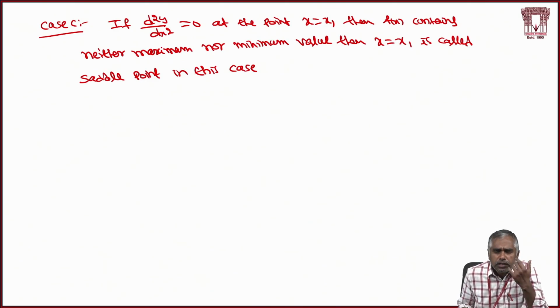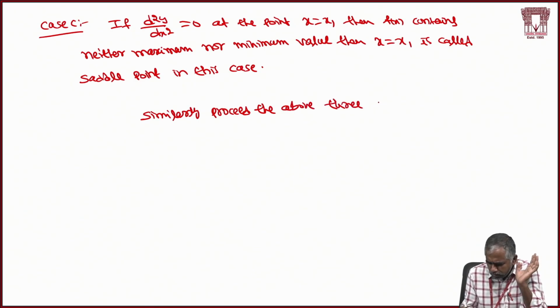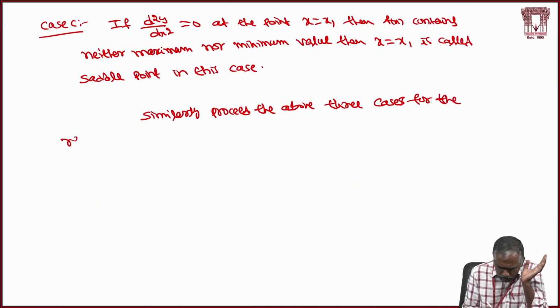So at that time, we call the point x equal to x1 a saddle point. Similarly, proceed with the above three cases for the remaining stationary points.